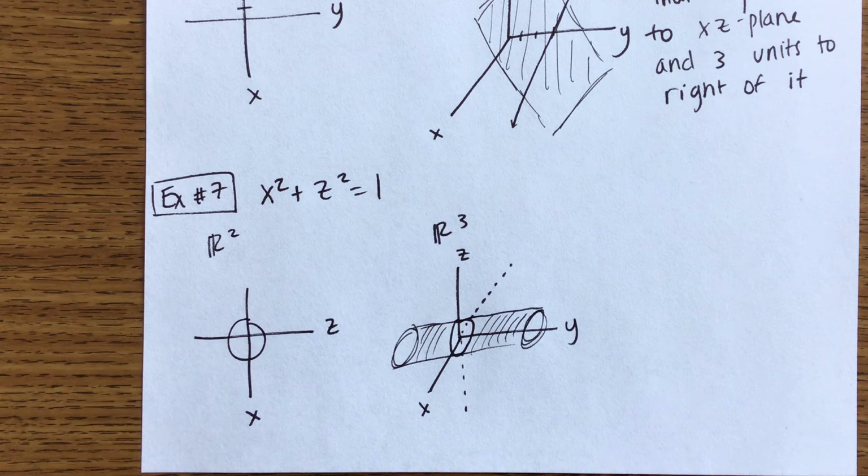Can you guys picture this? These graphs are incredibly important. Everything that we're going to do this entire semester is incredibly visual, and so you need to be able to picture these graphs to know what you're doing and whether your answer makes sense.